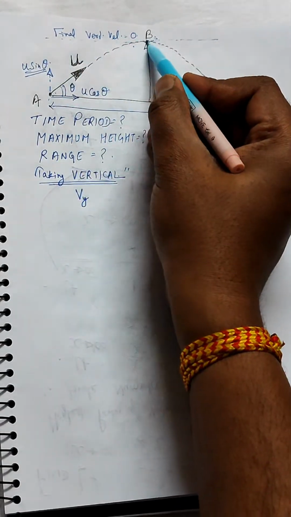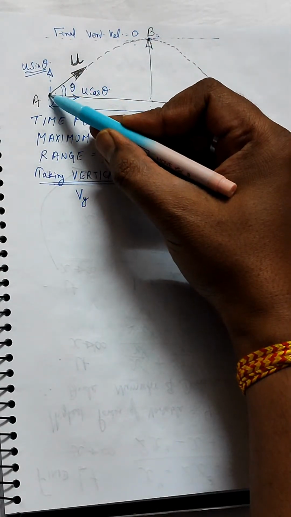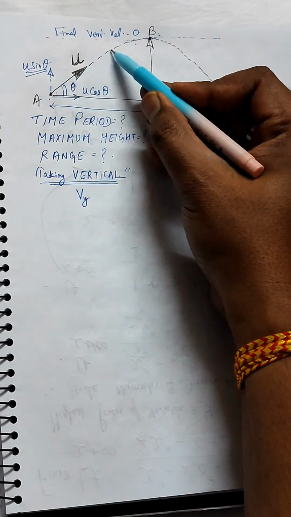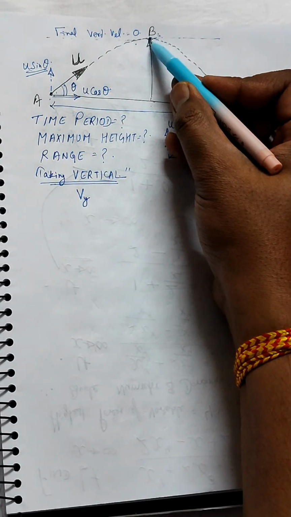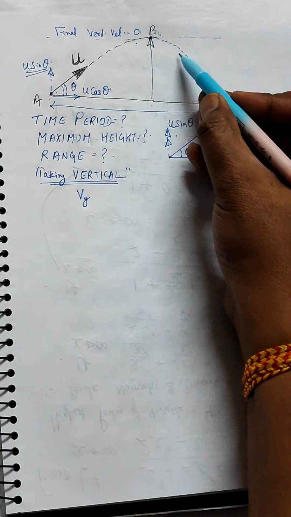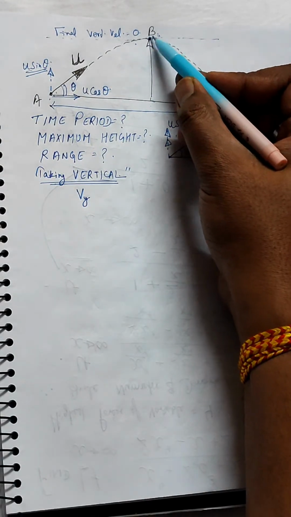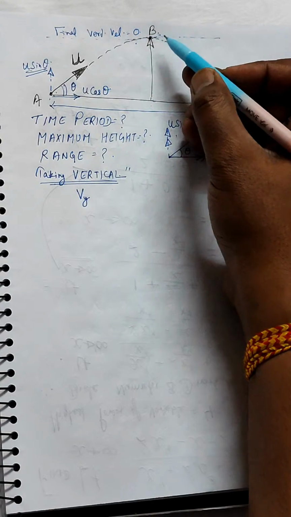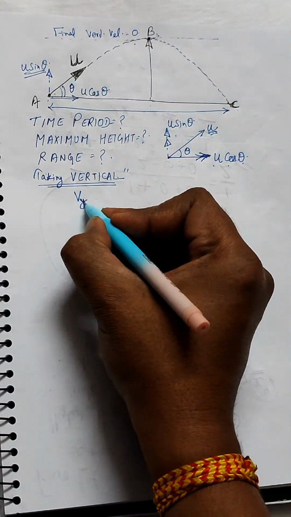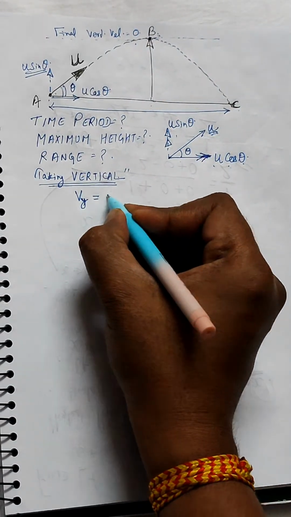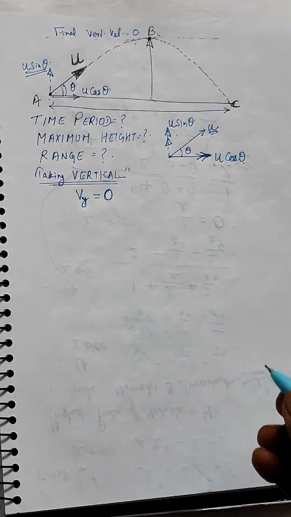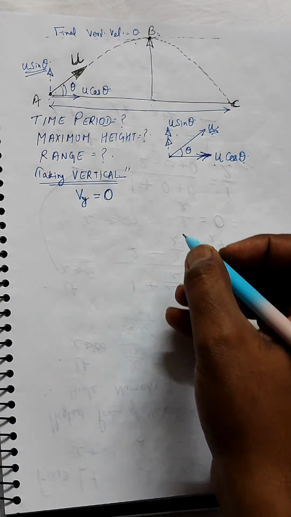This is 0 because when the projectile is fired and when it attains a maximum height B, from there it starts falling down because it is not going above B, right? So the final vertical velocity is 0. I hope you understand it.